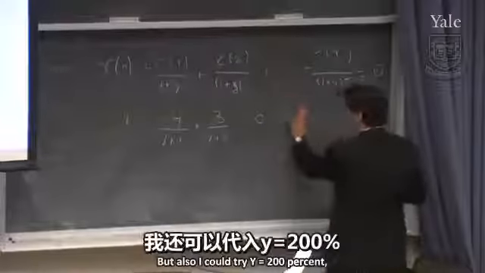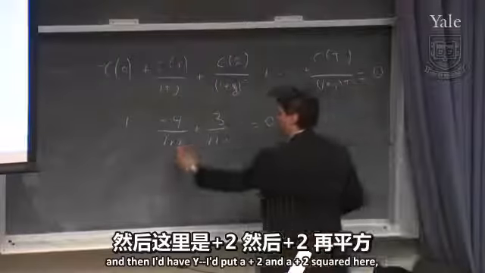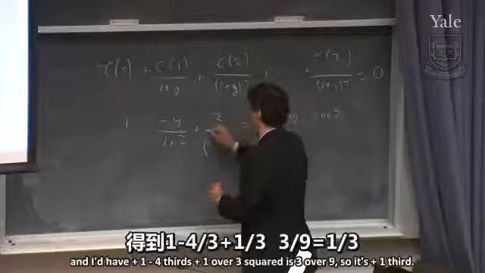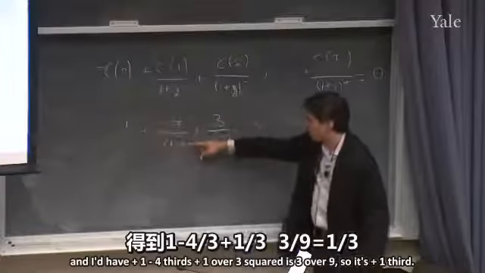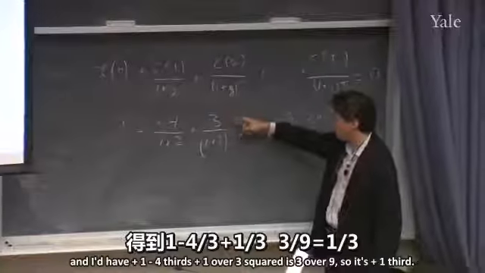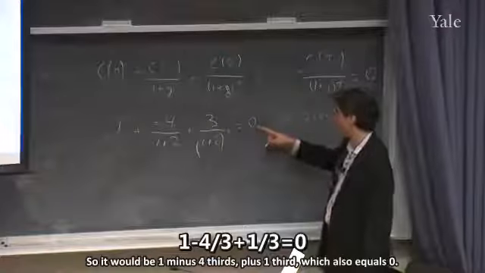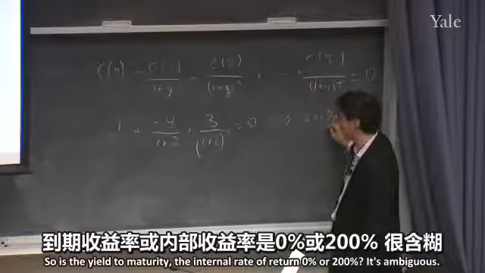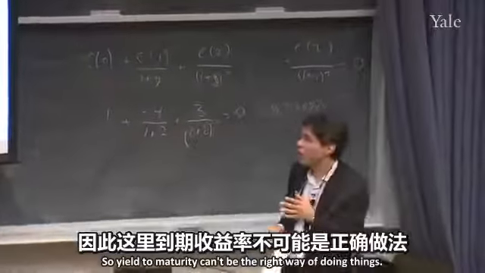But also I could try y equals 200%. And then I'd put a plus 2 and a plus 2 squared here. And I'd have plus 1, minus 4 thirds, plus 1 over 3 squared is 3 over 9, so it's plus 1 third. So it would be 1 minus 4 thirds plus 1 third, which also equals 0. So is the yield to maturity, the internal rate of return, 0% or 200%? It's ambiguous. So yield to maturity can't be the right way of doing things.